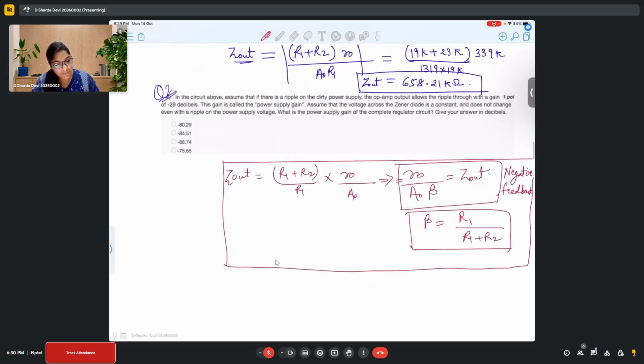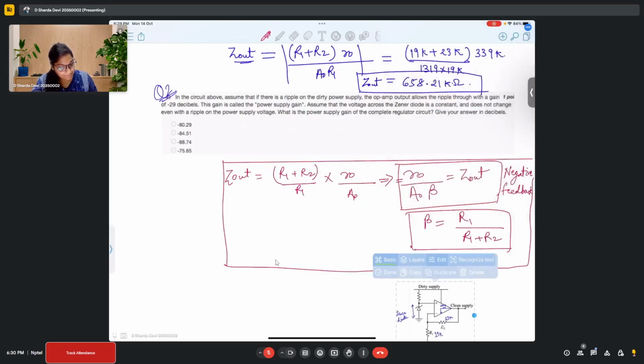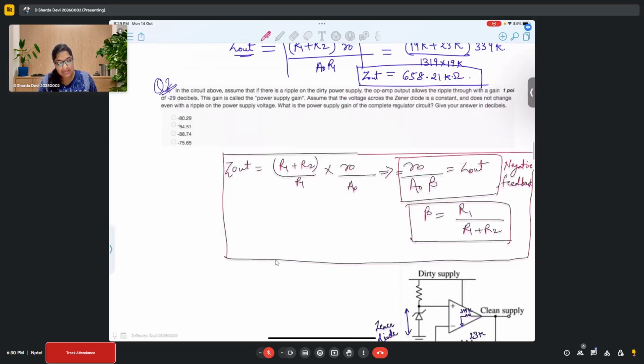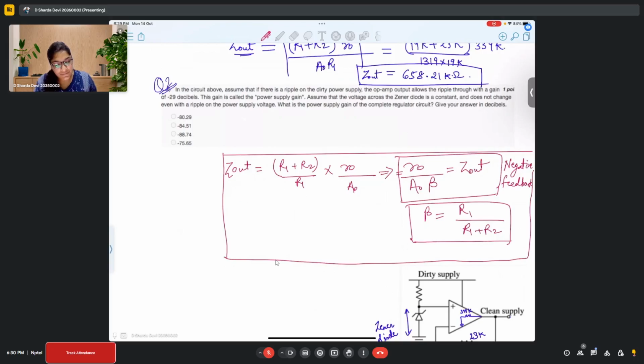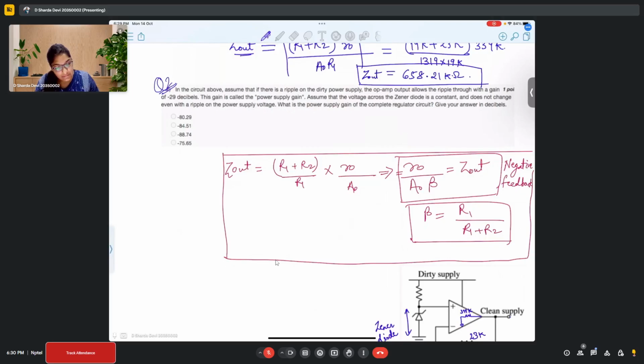In this problem, again, we are going to use the same circuit. If the ripple on the dirty power supply, the output allows the ripple through with a gain of minus 29 dB.